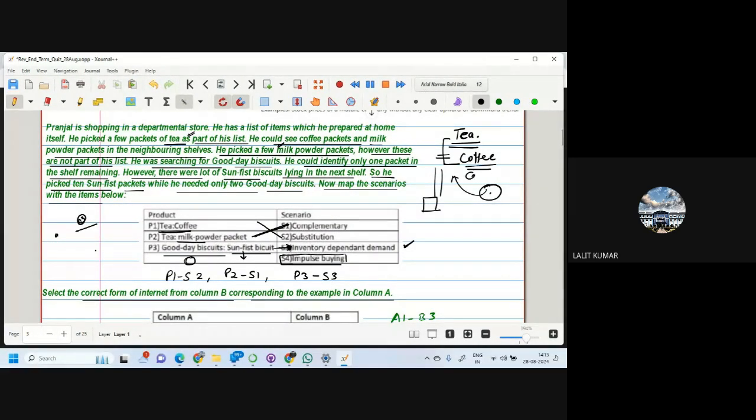So milk is complementary. However, at the counter, he sees some chocolates. He's paying the bill at the counter, and he sees chocolates. The chocolates were not on his list, so he purchases five chocolates. That will come under impulsive buying. I hope it clarifies. Yeah, thank you.